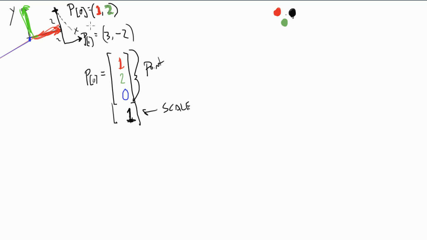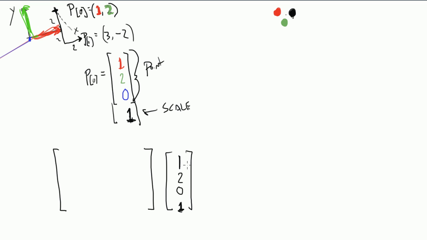You might think you did that, and mathematically it would be correct to do that by subtracting 4 and then adding 2. But in reality, here's what that looks like if you're going to do a translation transformation. I'm going to start with my point 0 right here. I'm not going to use the colors. I'm just going to say my point 0 was 1, 2, 0, and then of course the 1 scale factor there.